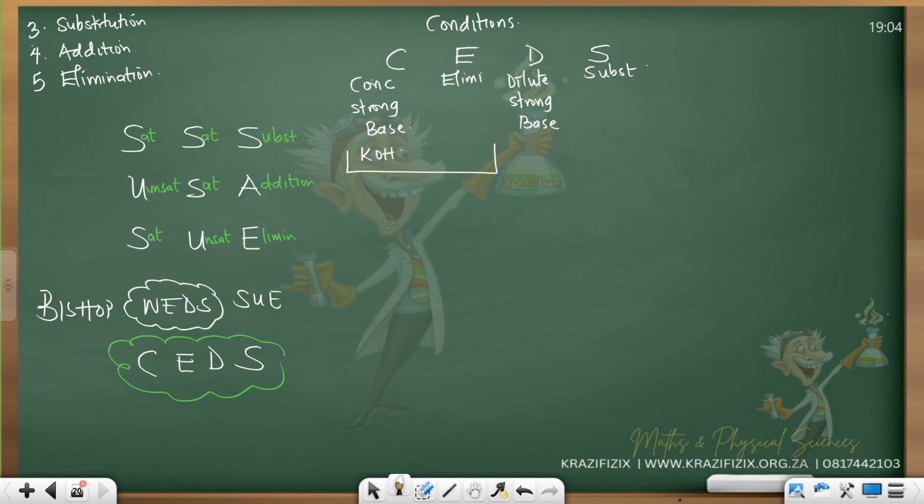So if I am eliminating, I'm using concentrated. If I am substituting, I'm using dilute. And the final thing here is for elimination, I need strong heat, while for dilute, I need mild heat.